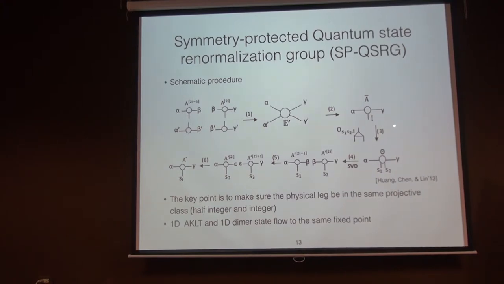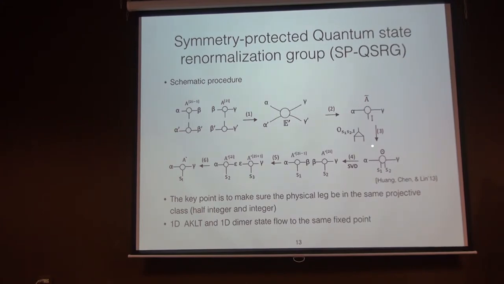For the symmetry protected quantum state RG, the important thing is when we split the physical dimension i into S1 and S2, we need to make sure S1 and S2 are in the correct projective representation.